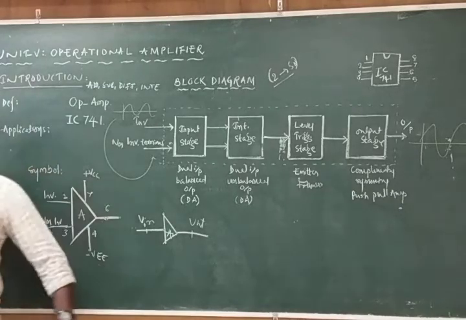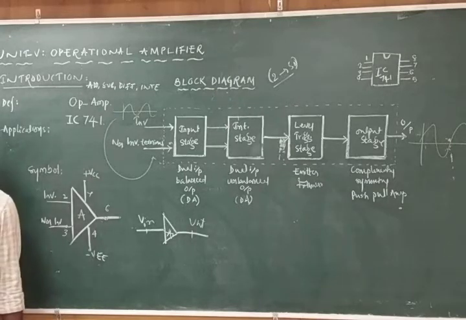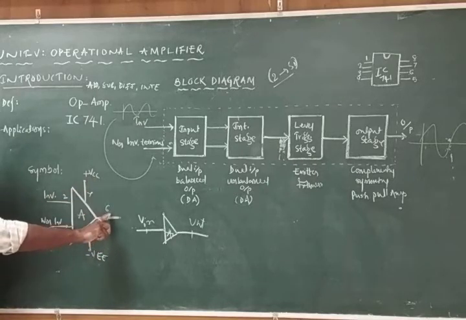Total completed: 2 plus 2 plus 1, 5. The remaining 3 I will explain in the pin diagram of IC 741. The 5 are the inverting terminal, non-inverting terminal, VCC, VEE and the output.